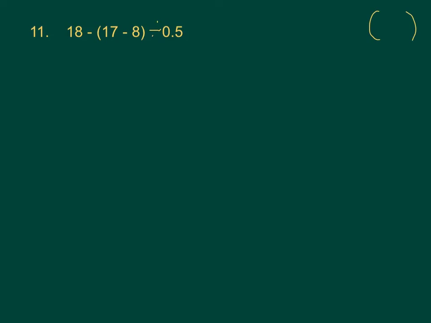So I'm gonna evaluate the parentheses. 18 and subtraction, not in the parentheses. 17 take away 8 is 9. And I've still got my divided by 5/10. Now from here, I don't deal with exponents. Hello, we're in 5th grade. So I have to look for any multiplication or division from left to right.